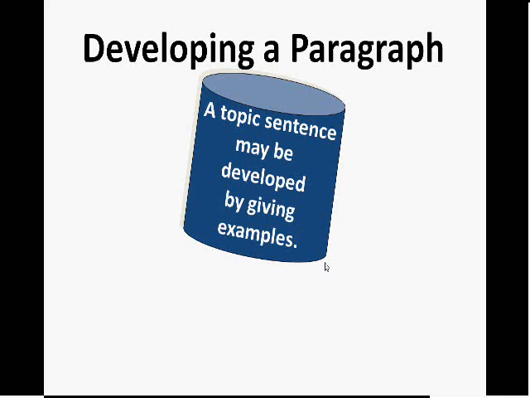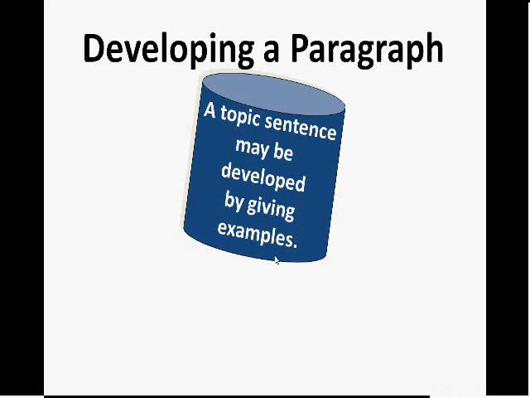Okay? If I want to develop this topic sentence by giving examples, then I will say, there are many crowded cities in the UAE such as Abu Dhabi, Dubai, and Sharjah. People take many hours in the morning to go to their work. So now I developed my topic sentence about the crowded places by giving examples, and the examples here are the crowded cities in the UAE, and of course all of you know that.